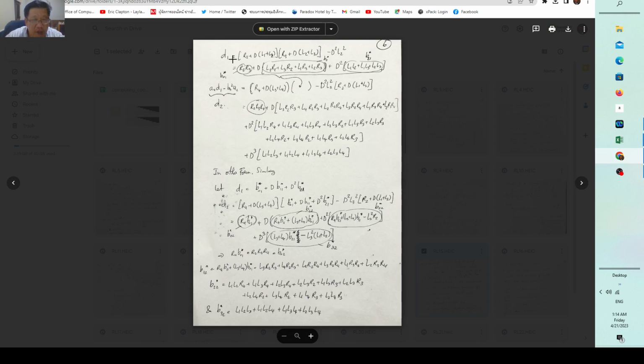You start with D1 over here, and then you get D2 over here. Instead of having this long term, you can reduce this and use this formula instead. You can see that this is the same as it here, but to write it down in this one is too long, and redundant computation.